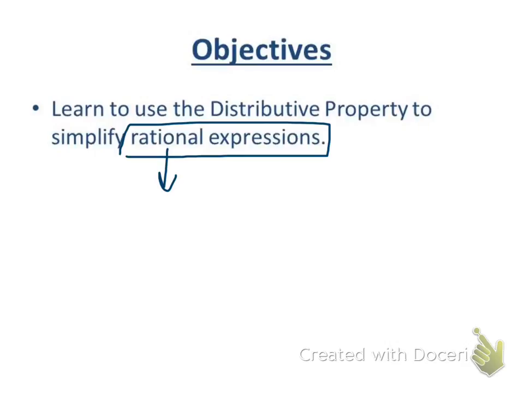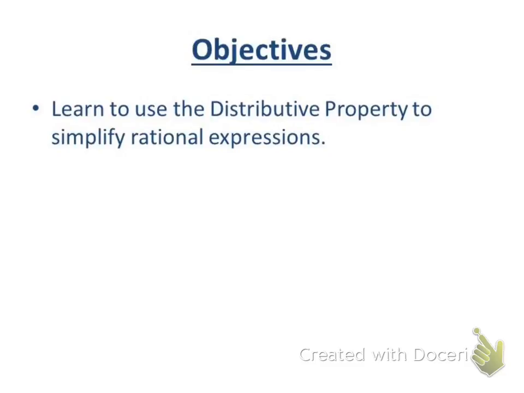Ratio is the root word of rational. A rational expression generally is different from a rational number. A rational number is a number that is or can be written as a ratio, and a rational expression is something that involves variables.